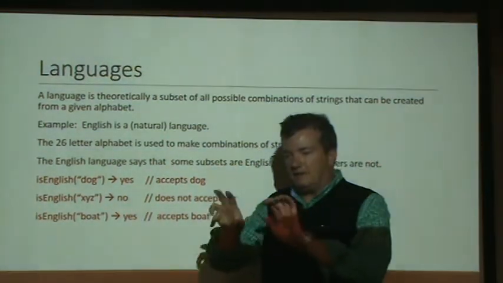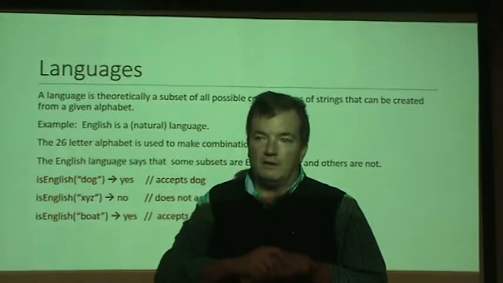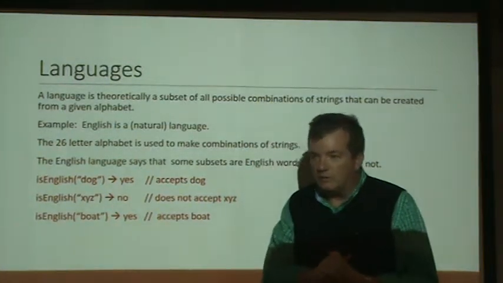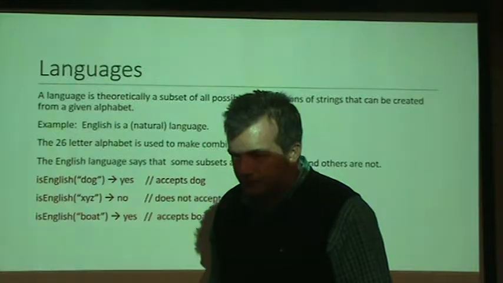And if you take the letters in the alphabet and you arrange them in a certain pattern, you either will create a word that's in the English language, or you will create a word that is not in the English language.